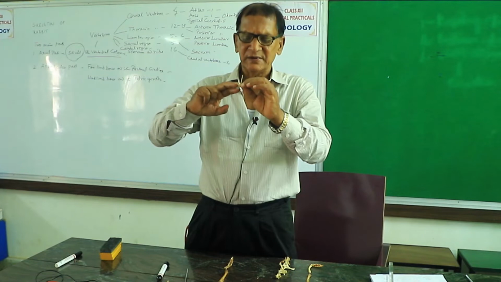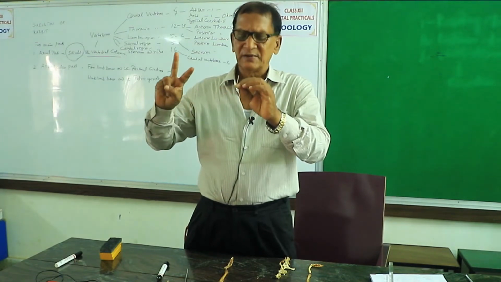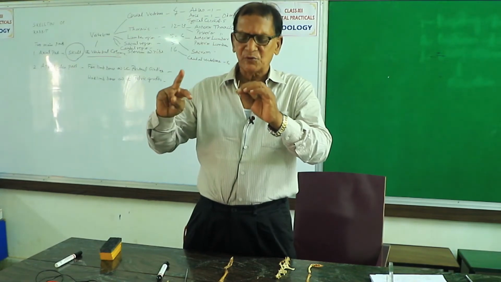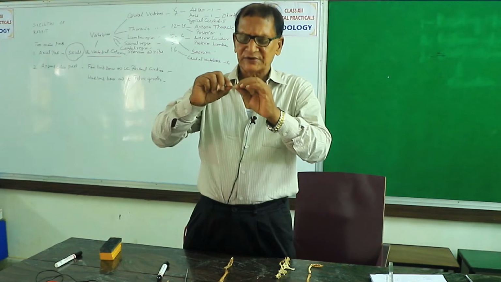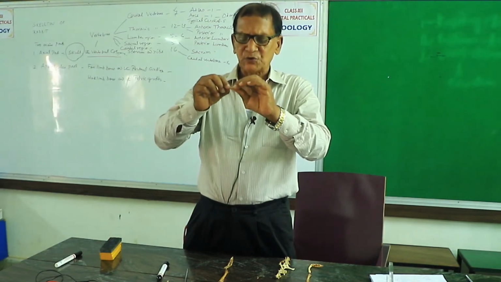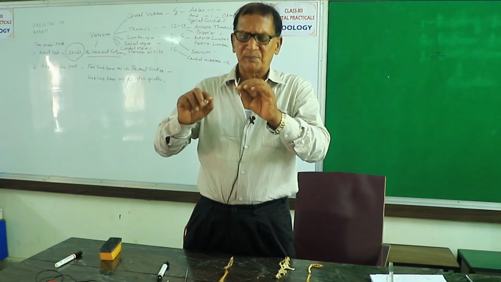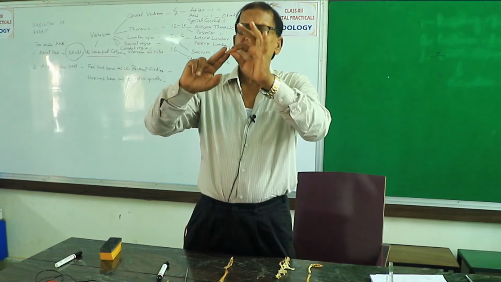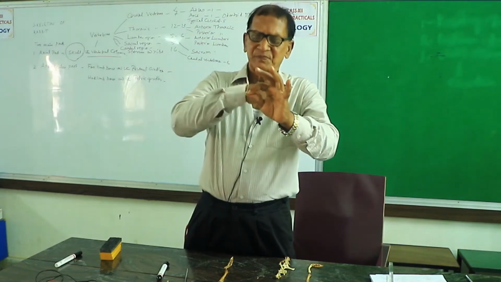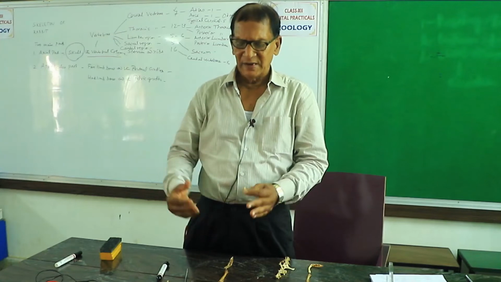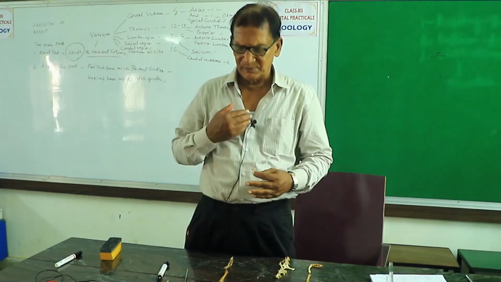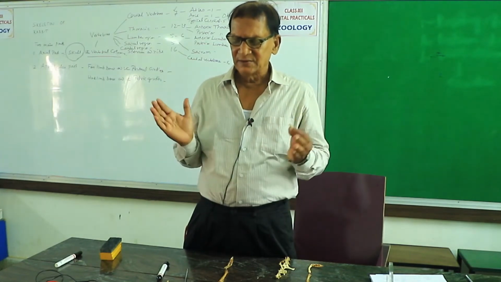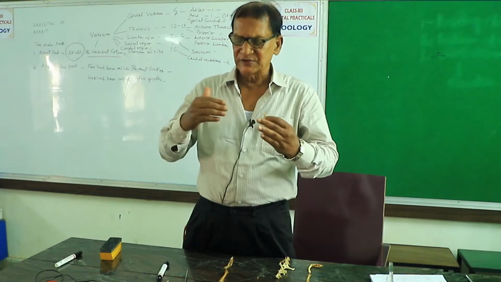So T with T and C with C. That means the rib is attached at two surfaces of the thoracic vertebra. The tuberculum projection is attached to the transverse process, and the capitulum part is attached to the centrum. So like this, it is attached to the thoracic vertebra, one on each side, forming a curve, and then they are attached on the ventral side to the breastbone or sternum, so that we have a thoracic cage.